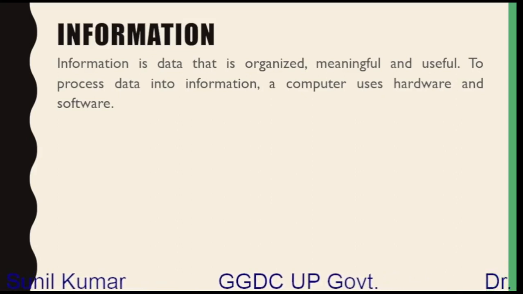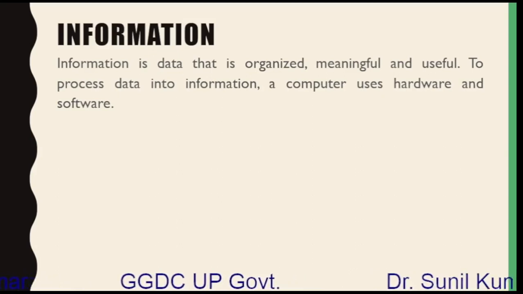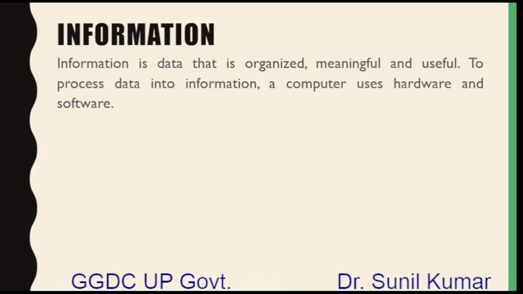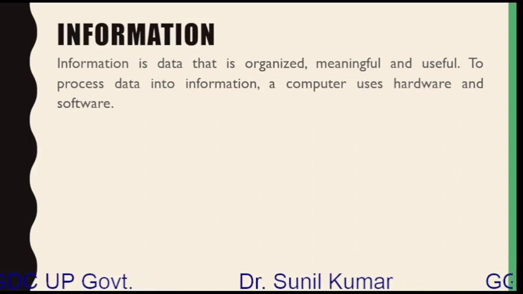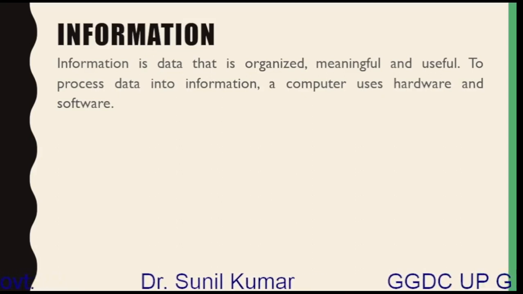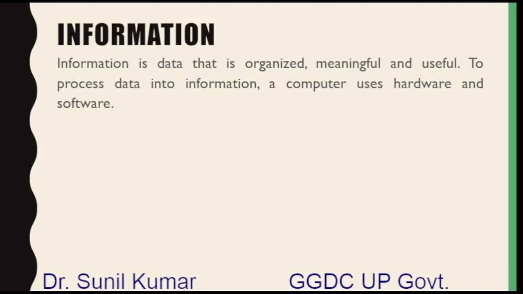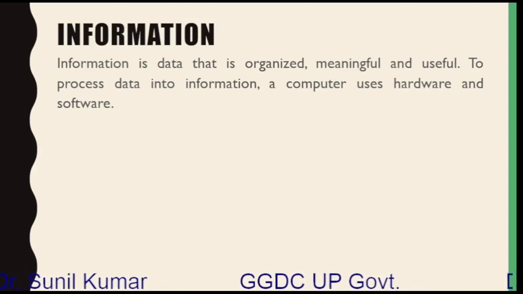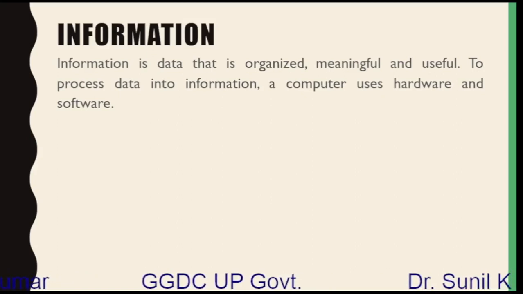Information refers to processed and organized data that has been interpreted and given context, meaning and relevance. It is the result of applying human knowledge, expertise and understanding to data in order to gain insights, draw conclusions and make decisions.